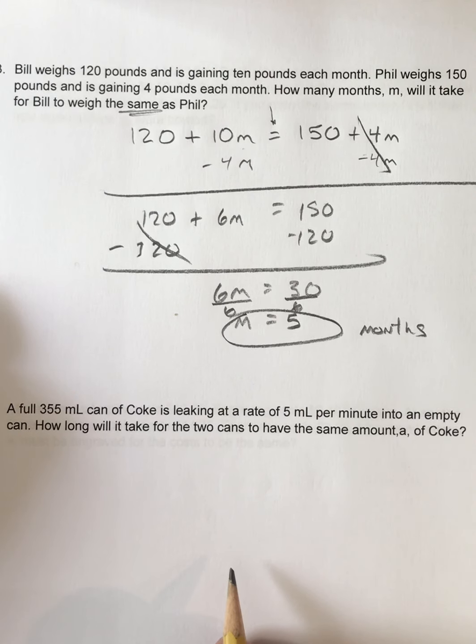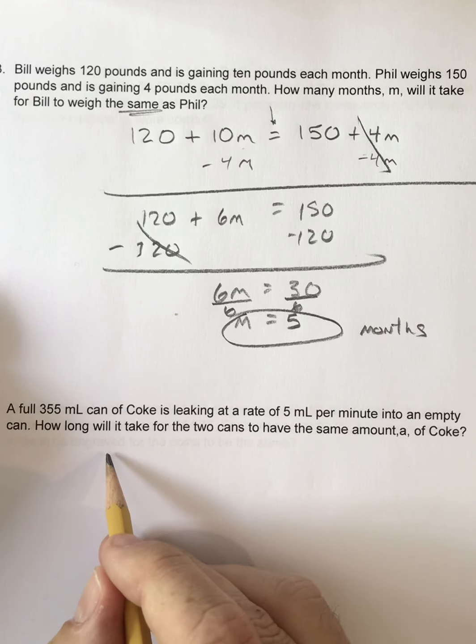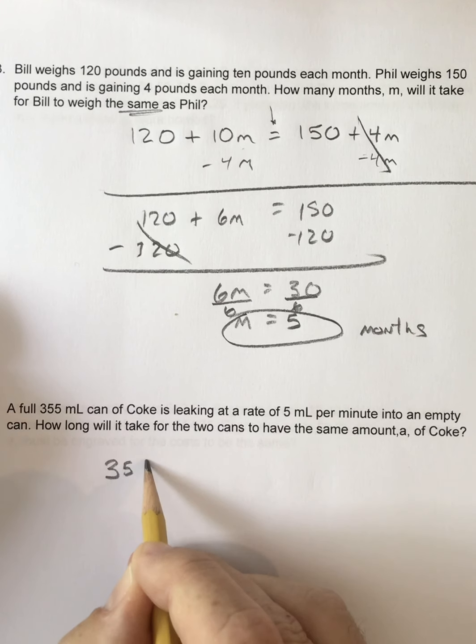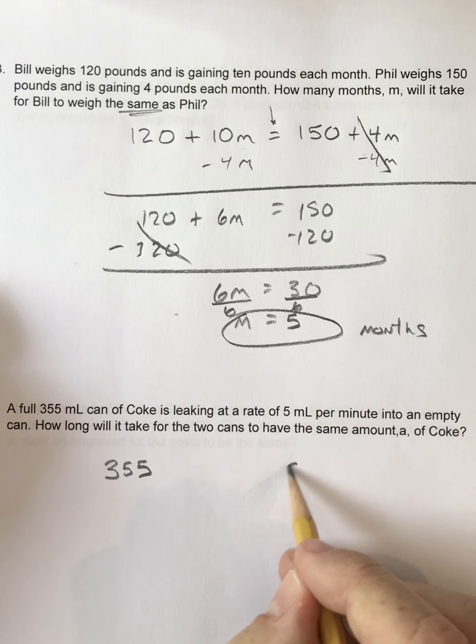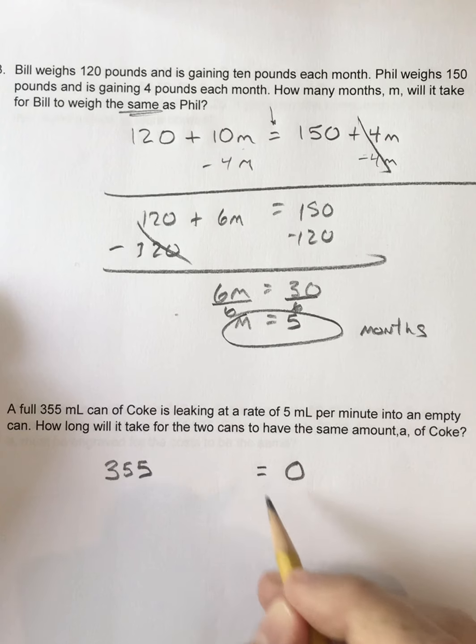A full 355 milliliter can of Coke is leaking at a rate of 5 milliliters per minute into an empty can. How long will it take for the 2 cans to have the same amount? Well, I got 1 can with 355 in it and 1 can with 0 in it.